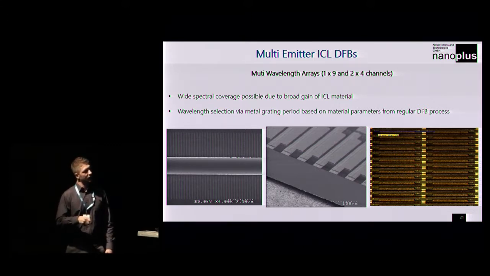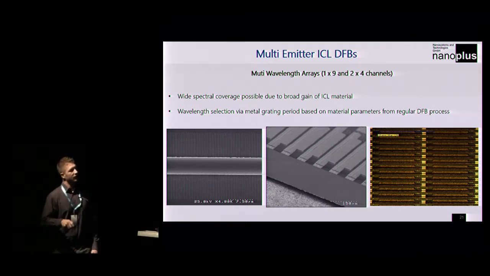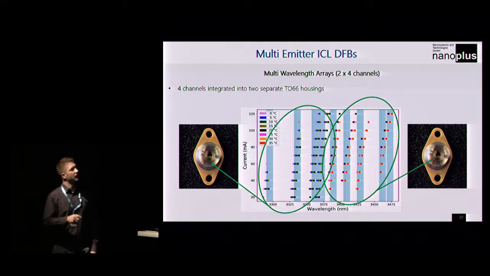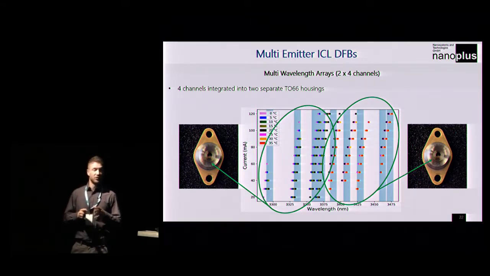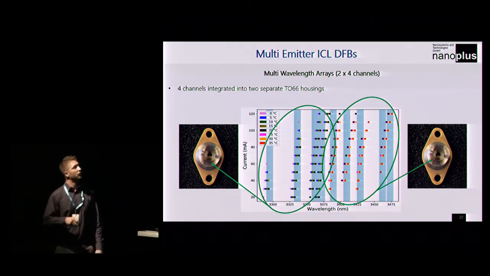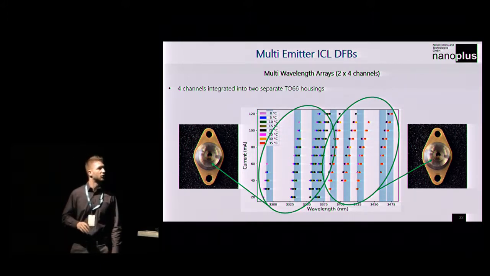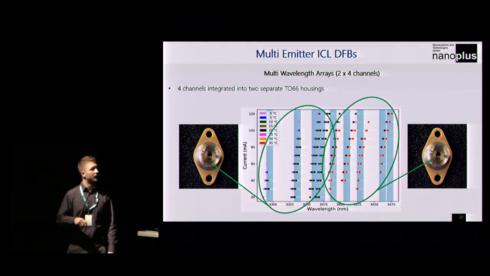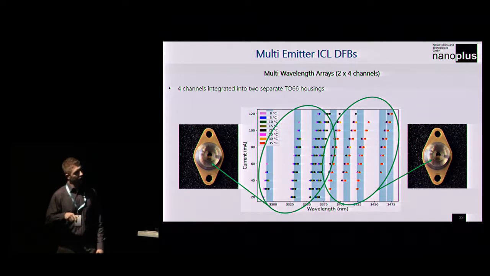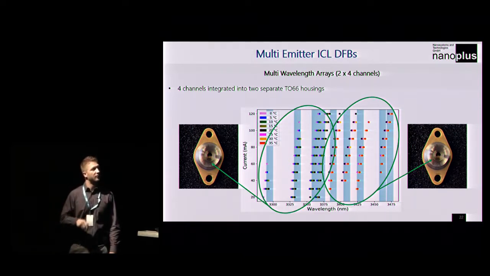As you can see here, several emitters on this array, and here in a normal microscope picture. In this case we put laser arrays with 4 channels into 2 TO66 housings, which are the standard housings that our ICLs are packaged in. As you can see here, we're in the wavelength range between 3.3 and 3.5 microns, where lots of hydrocarbons have strong absorption lines.